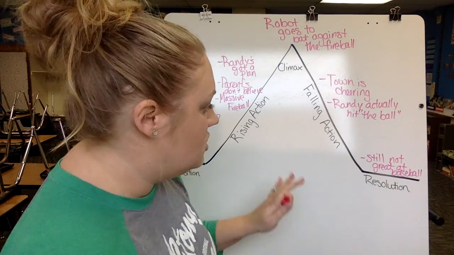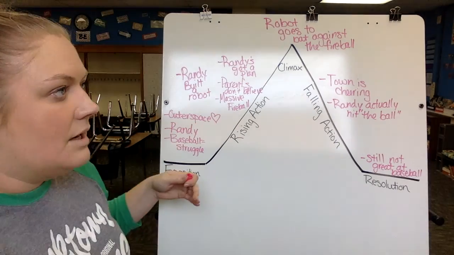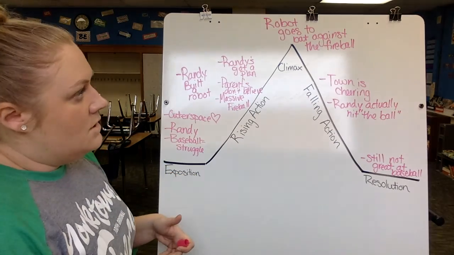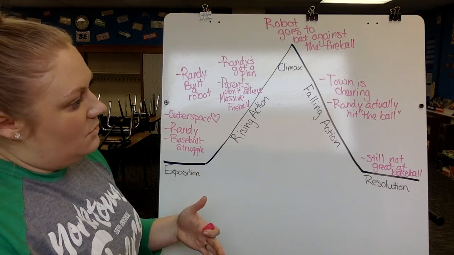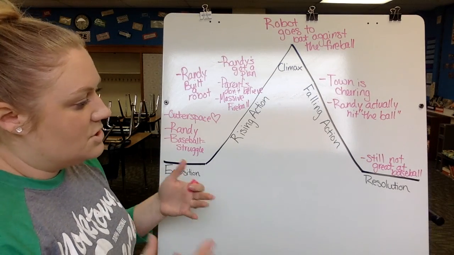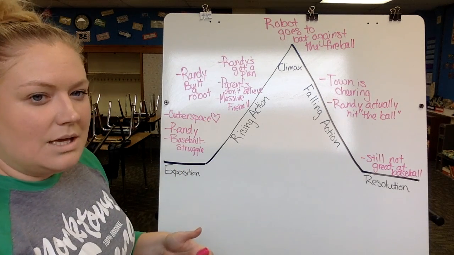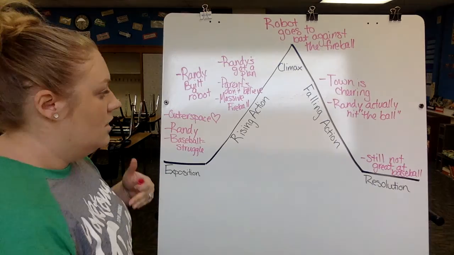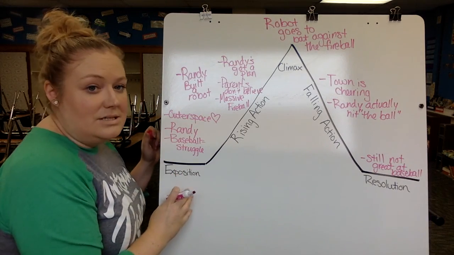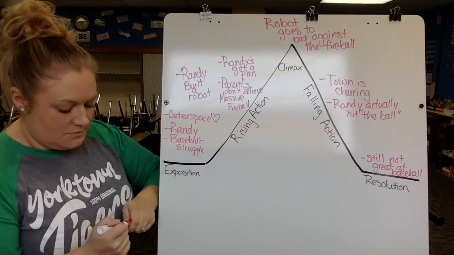What do you think maybe has changed? This is just, we're kind of guessing. We're deciding how we feel about it. It's not information that they give us in the book, but we're just kind of guessing a little bit. How do you think maybe the kids feel about Randy as opposed to how they did at the beginning of the story? What do you think?